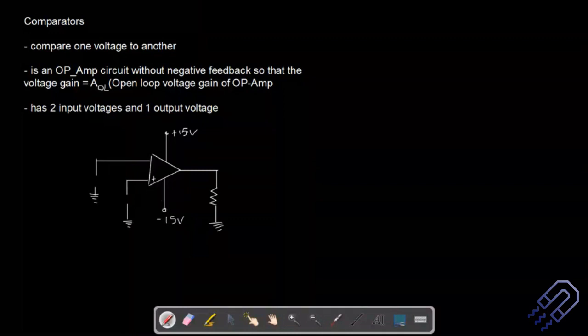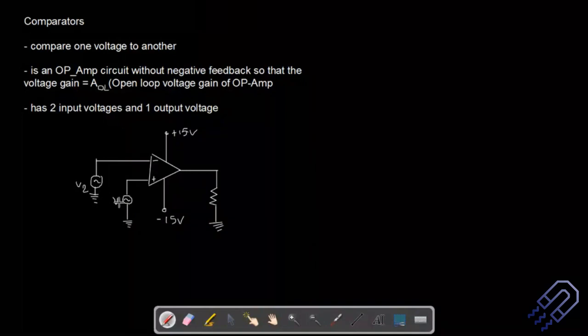This is your non-inverting terminal, this is your inverting terminal, and we will have two different voltages. Let's say this is V2 and this is the other voltage, V1. By comparator, it means we can compare these two voltages V2 and V1, and as a result we can give out that result.